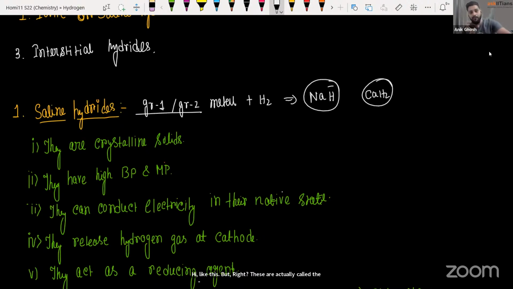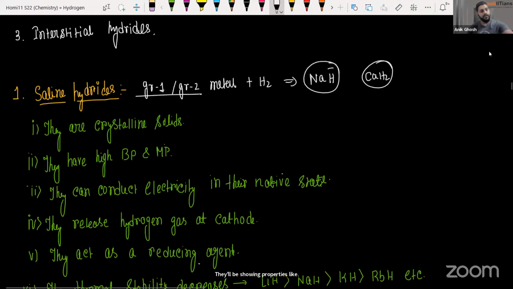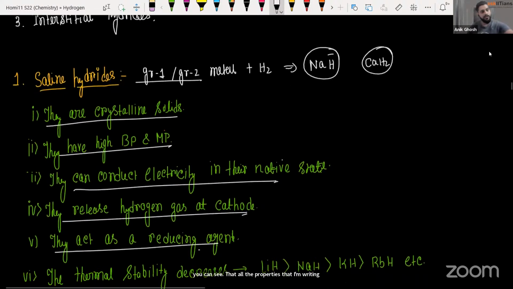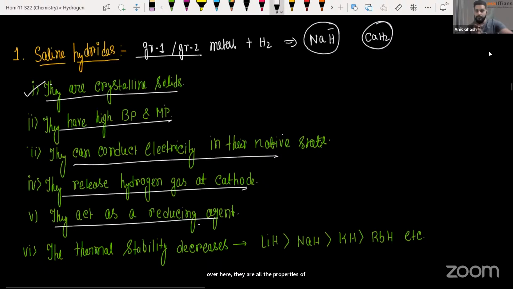Now, guys, when you know somebody is ionic in nature, you can clearly understand they would be showing properties like ionic compounds as well, correct? All the properties that I'm writing over here are properties of ionic compounds, isn't it? They are crystalline solids, right, Ashita? We have seen ionic compounds making crystalline solids.